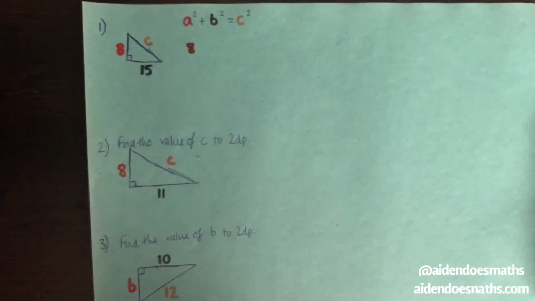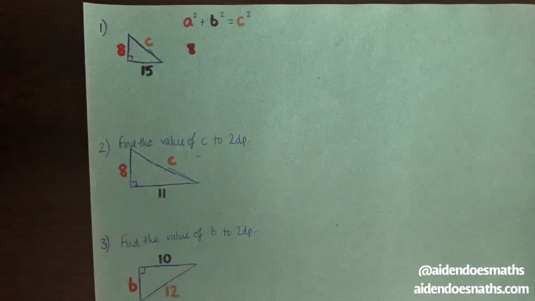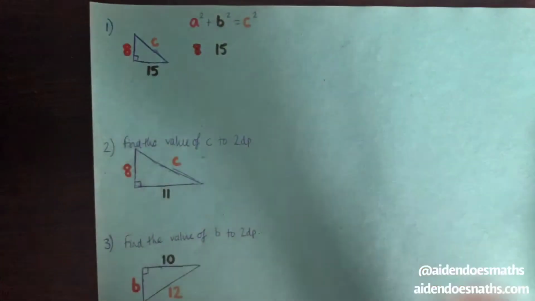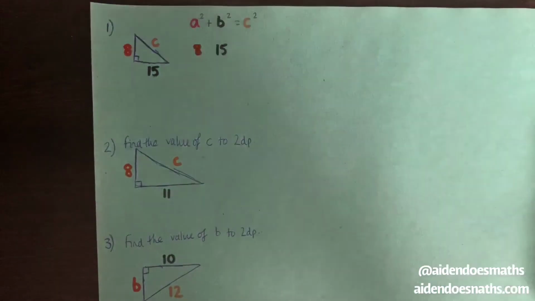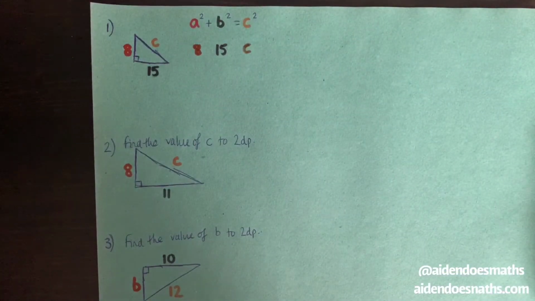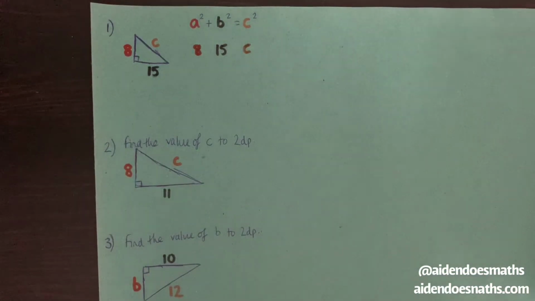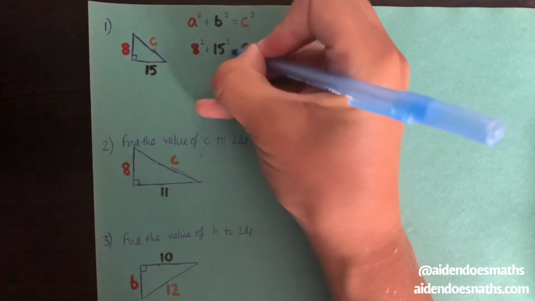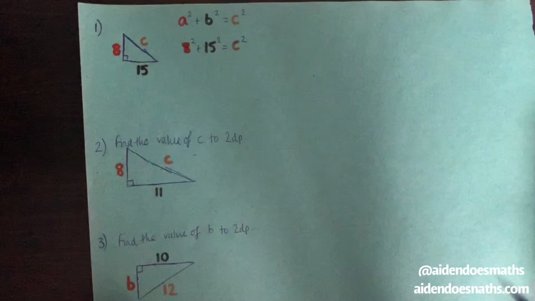A would be 8. We could have said 15 if we wanted to. A and B, as I said, don't need to be in a particular order. As long as C is this longest side, this hypotenuse, then we should be okay. So 8 squared plus 15 squared equals C squared.